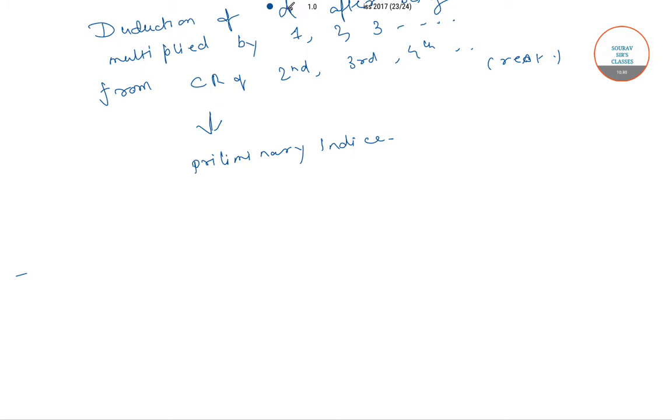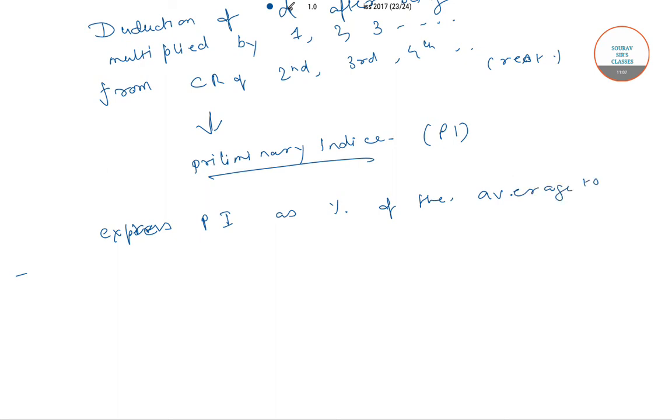So we find the preliminary indices of the seasonal variation, and the last step is that we have to express these preliminary indices, let us denote them by PI, as a percentage of their average to get the required seasonal indices.